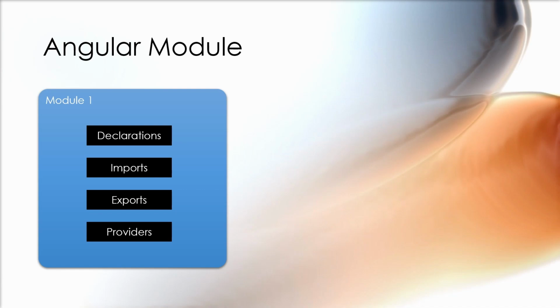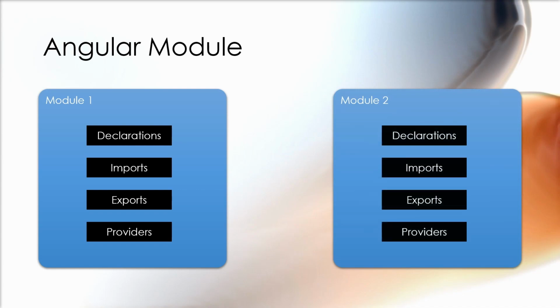That way, it will be easier for you to maintain it, and if you want to expose certain functionality to the rest of the world, you can also choose those features and expose them to the outside world. There can be another module which has a similar kind of configuration, and then these two modules can depend on each other. However, they will be very loosely coupled.